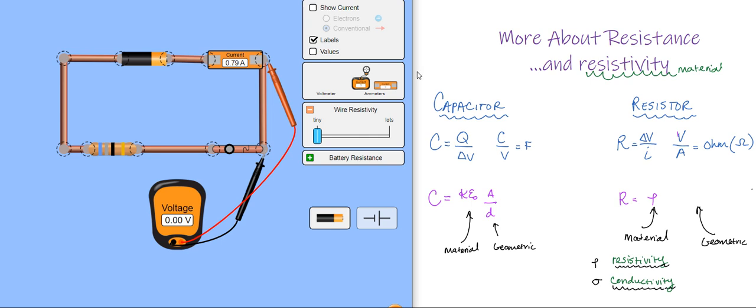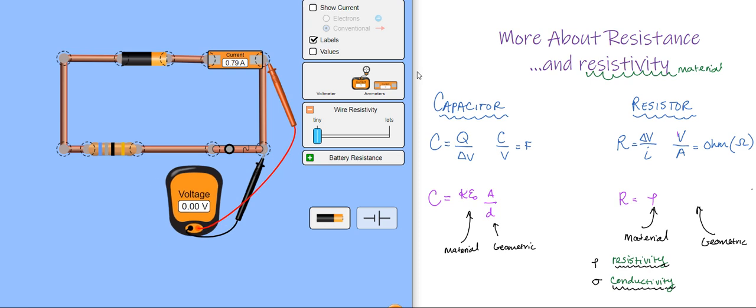Looking at this, I see right now that the resistivity of the material of the wire is set to basically 0. So that's saying there is a high conductivity, and thus nothing is really slowing down in this piece of wire.